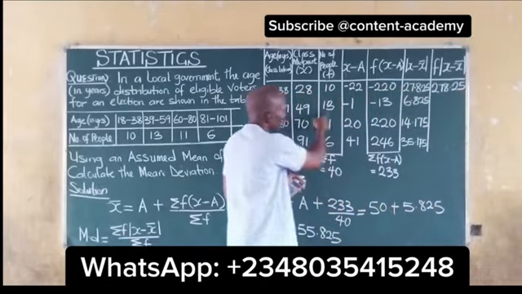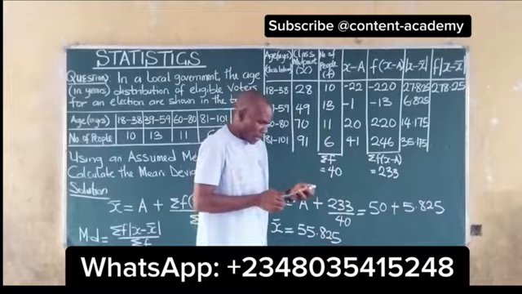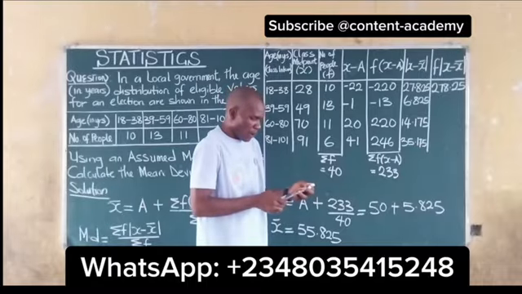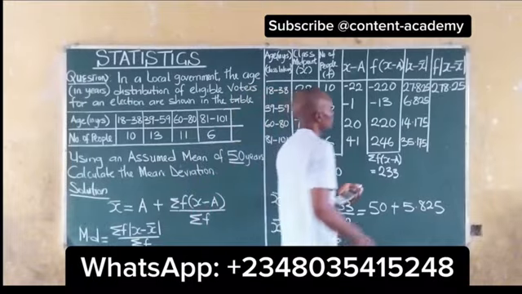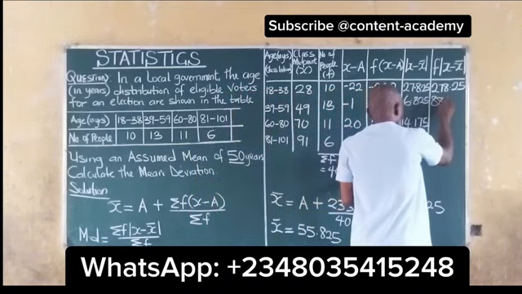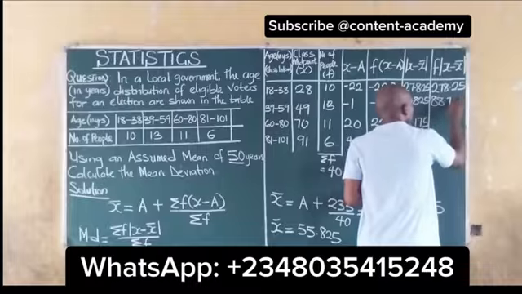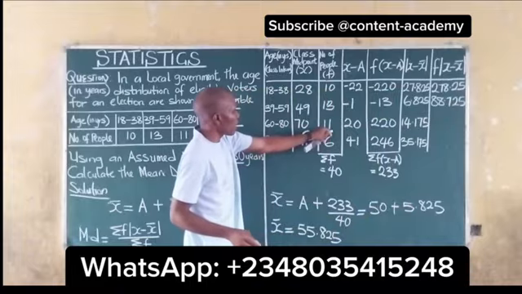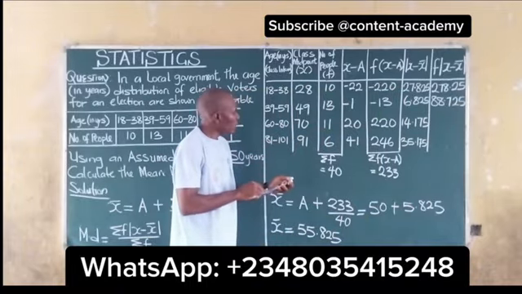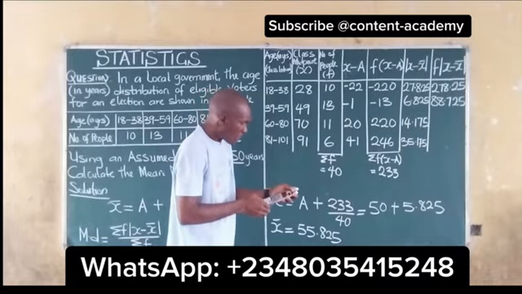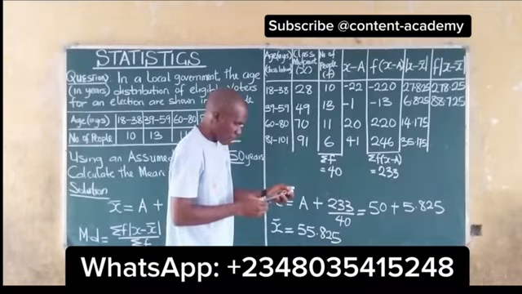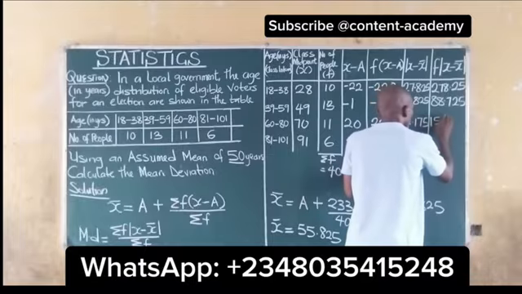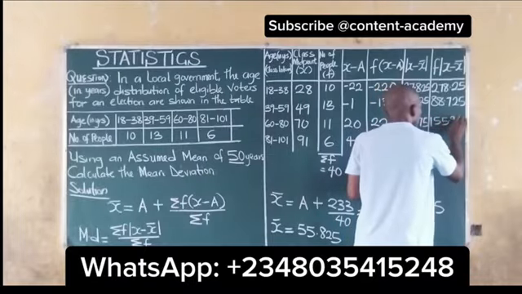We also have 13 multiplied by 6.825, which is 88.725. Now we also have 11 multiplied by 14.175, so we have 155.925.